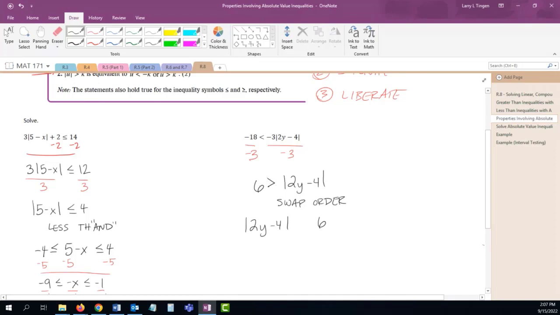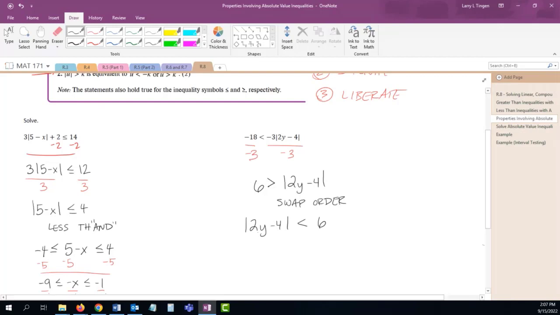So the big side is pointing toward the 6, the pointy side is pointing toward the absolute value. So that means it needs to go like this, right? I swapped the 6 and the absolute value, so that swapped the direction of the inequality. I didn't change anything, there's no multiplication or anything. I'm just changing the order. Why?